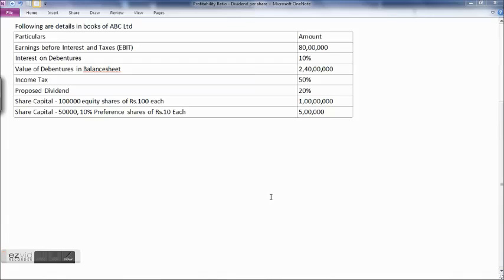Following are the details in the books of ABC Limited. Earnings before interest and taxes is 80 lakhs, interest on debentures is 10%, value of debentures in the balance sheet is 2 crores 40 lakhs, income tax is 50%, and the proposed dividend, which is for equity shareholders.